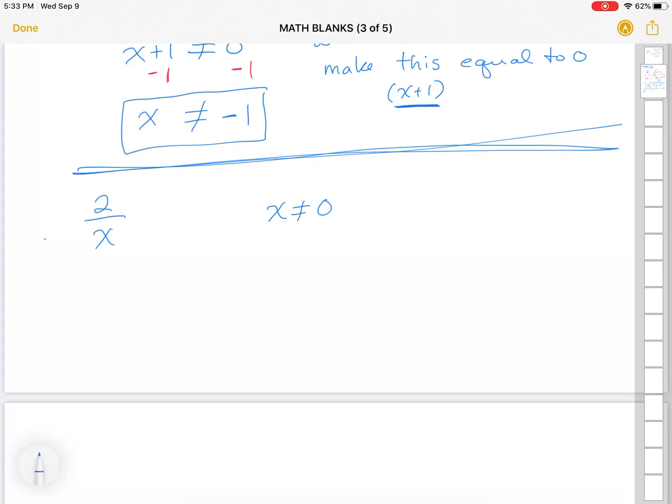I don't want x to equal 0, because if it did, I would have 2 over 0, and that would be non-permissible. So x is not equal to 0, because otherwise you'd get 2 over 0, which is undefined. x can be anything else but 0, but it cannot be 0.